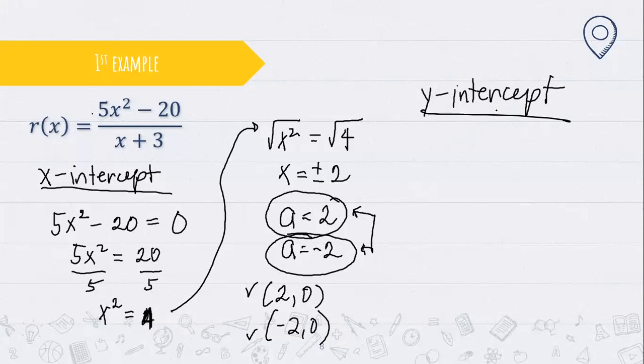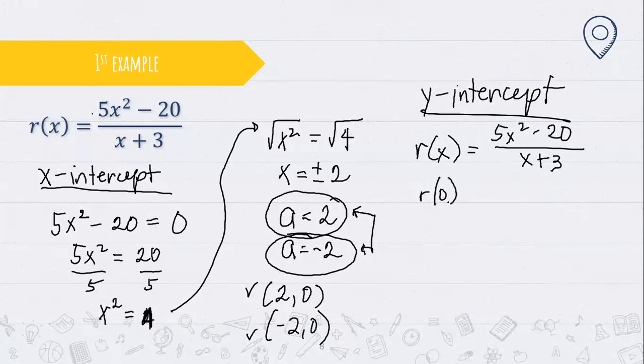Okay. So, paano kunin si y-intercept? So, kunin muna natin yung function. R of x is equal to 5x squared minus 20 over x plus 3. And then, as I've said earlier, we need to substitute all the value of x's with 0 to find the y-intercept. So, substitute lang natin yung x with 0.